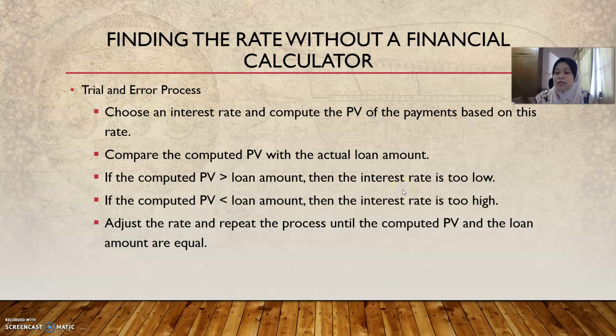So you cannot choose an interest rate that is too high or too low. You have to find the interest rate where the computed present value is the same as the loan amount. The loan amount equals the present value, which means that the interest rate you found fits the problem.